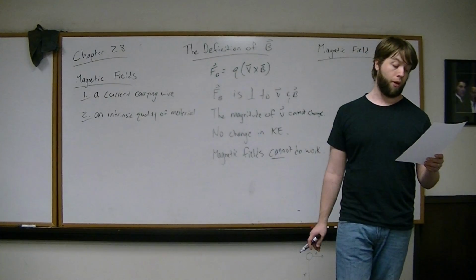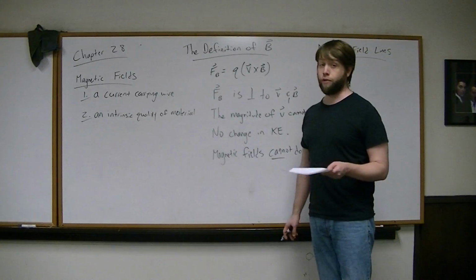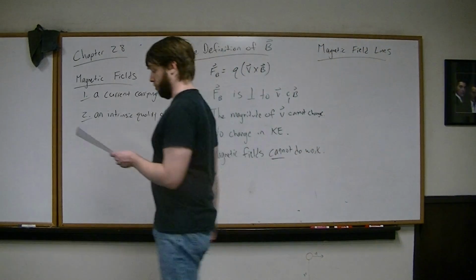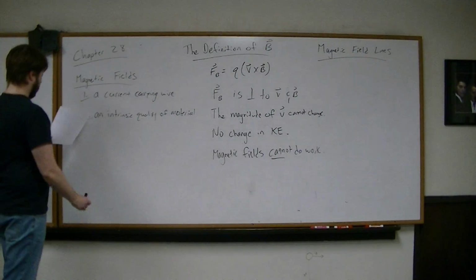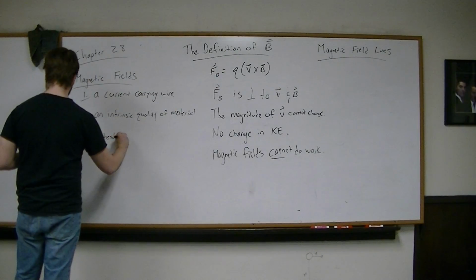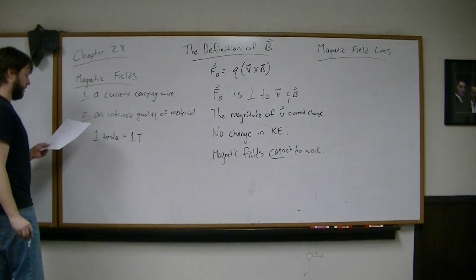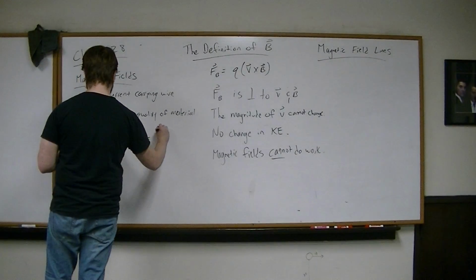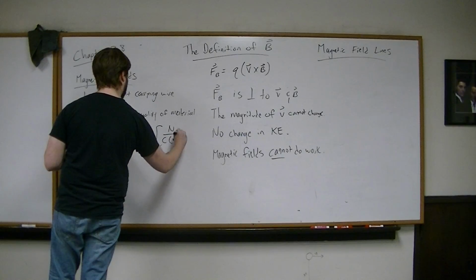That is hugely important. Let's go into the actual unit analysis here for the magnetic field. The unit that we will be using for the magnetic field is the Tesla. So 1 Tesla, or 1 big T for Tesla, is equal to a Newton per Coulomb meter per second.